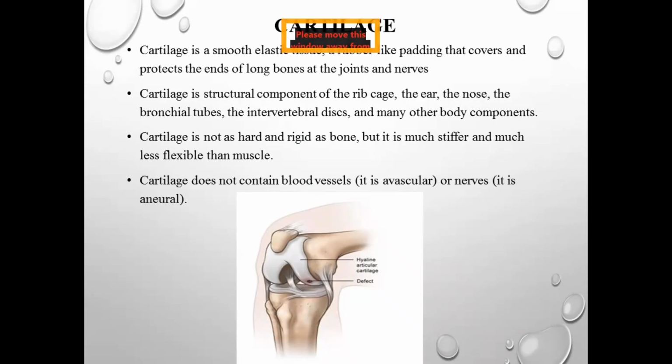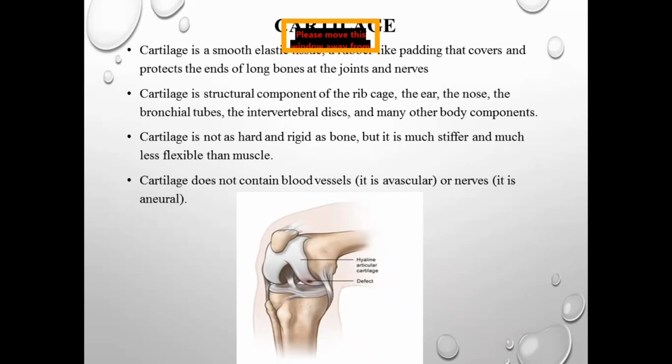Even the bronchial tube, the trachea, is also cartilage. That's why while hanging, it doesn't immediately collapse. It's flexible, made up of cartilage. Then your bronchioles are also made up of cartilage. Then the intervertebral disc is a disc which is present in between the two vertebrae. Lots of body components are made up of this cartilage.